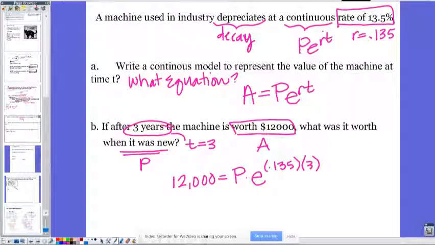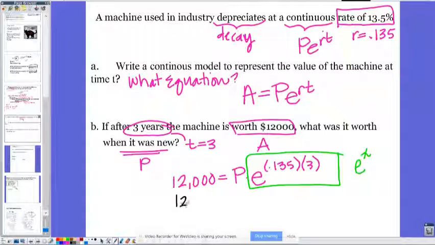So when you type this in your calculator, this here is a number that you are typing in. I have a button on my calculator that says e to the x, and that's what I'm going to use. I'm typing in 0.135 times 3, and I get 1.499.